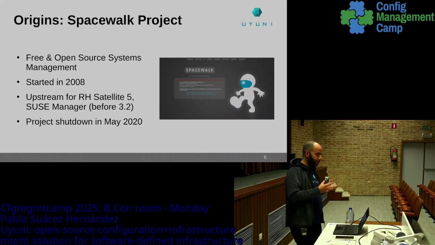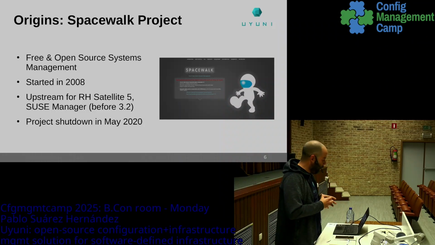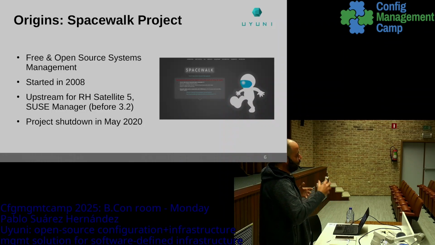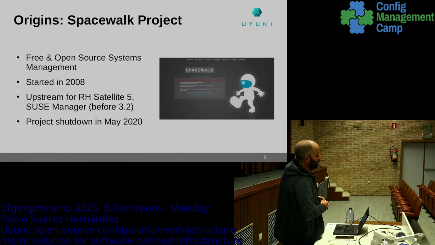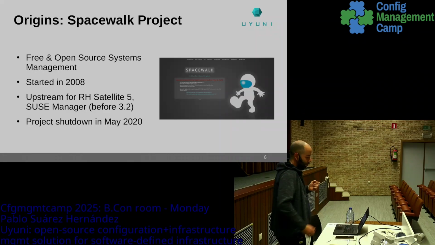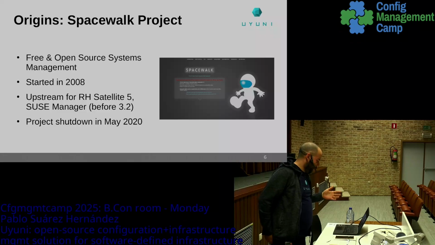the contributions that we were making to the Spacewalk project were just piling up because there was not much activity on the repository. And then we started deviating a lot. And at some point, the Spacewalk project wanted someone else to be able to continue with the project.